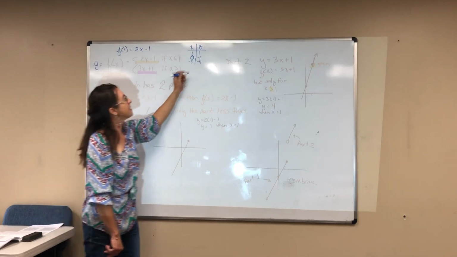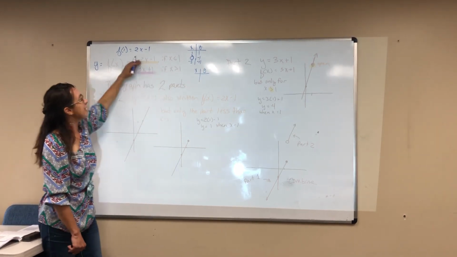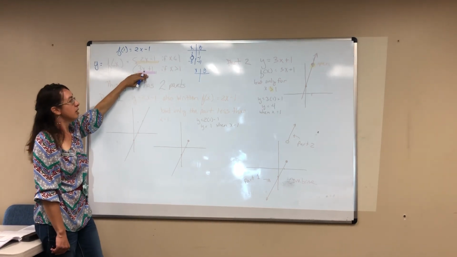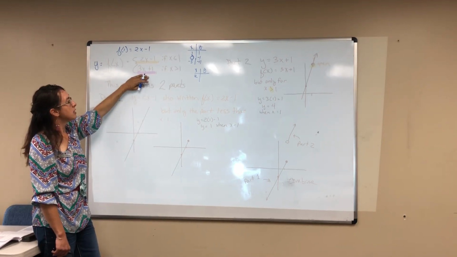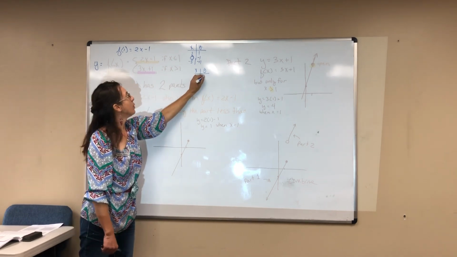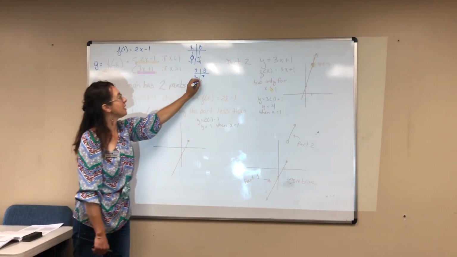Now, if I decide that I want some x values greater than 1, I can't use 2x minus 1. He's got to talk to this guy. So when x is 2, y is 3 times 2 plus 1, 7. When x is 5, 16. Okay?